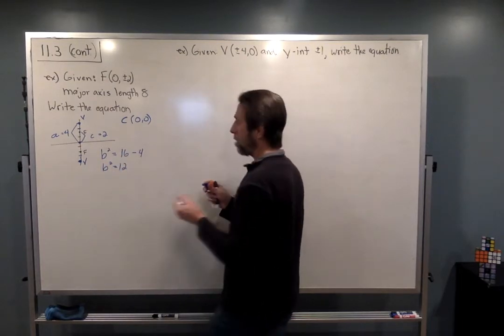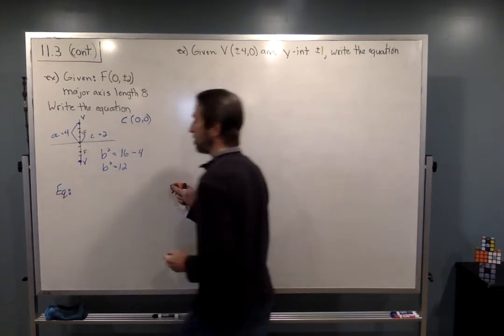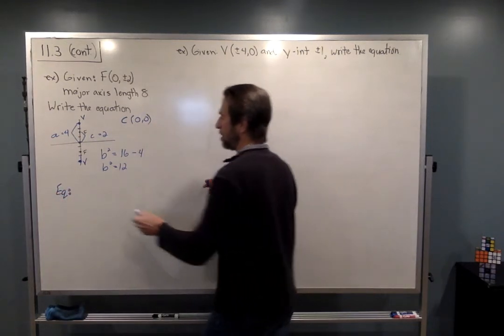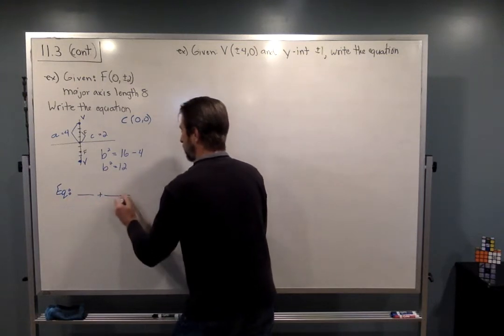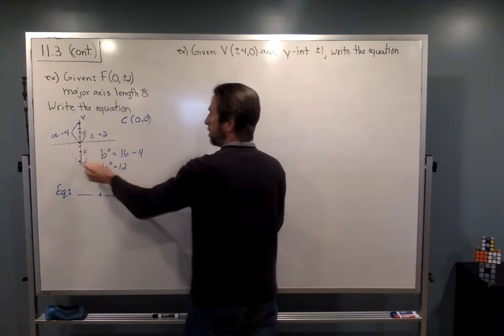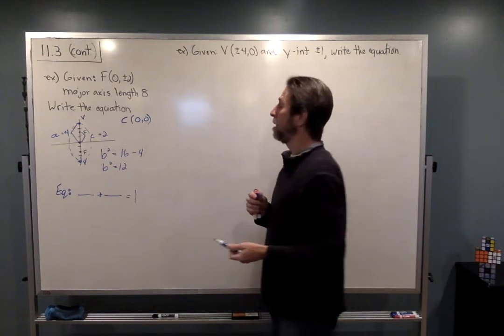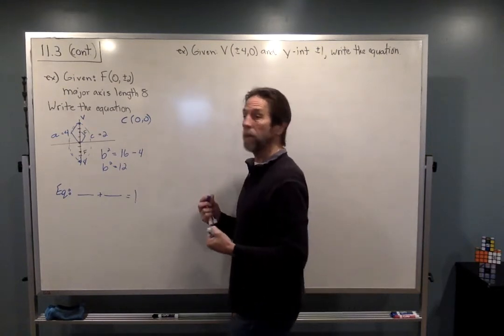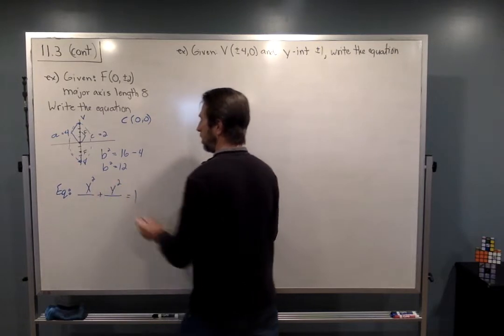Now my equation is simply going to be, well, first of all, let's decide whether it's going to be, well, we don't really have to decide. We know it's going to be one of these types of ellipses. We could call it vertical if we'd like. So we know the bigger number is going to be beneath the y. Here's x squared and here's y squared.